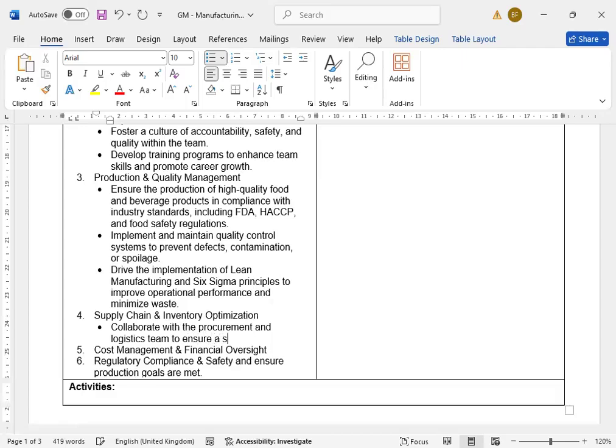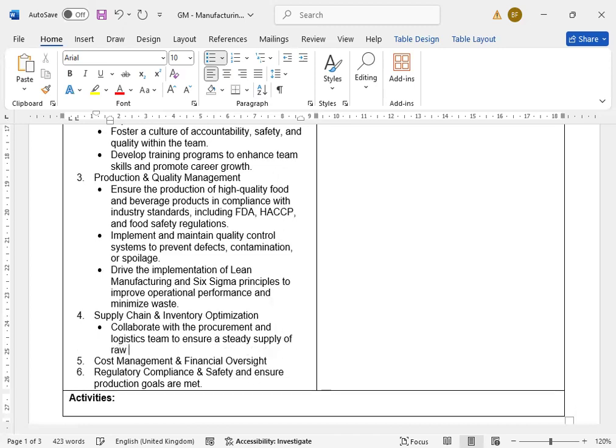Logistics team to ensure a steady supply of raw materials while managing inventory levels efficiently.